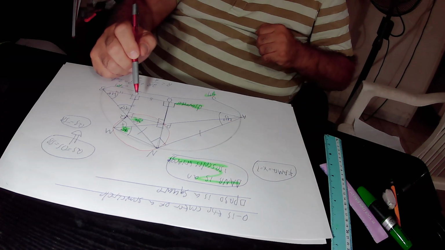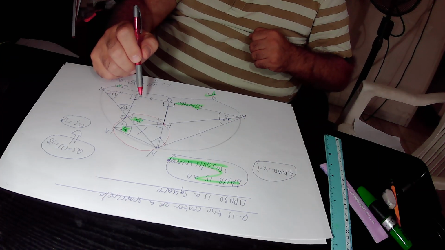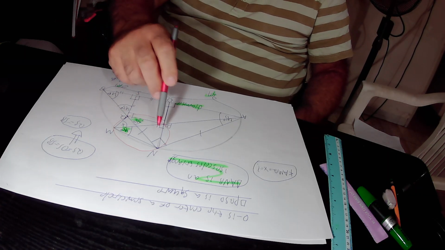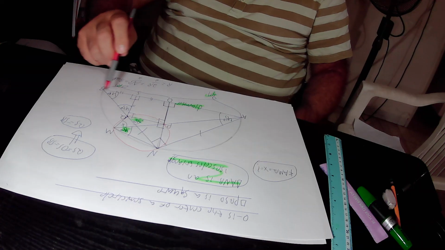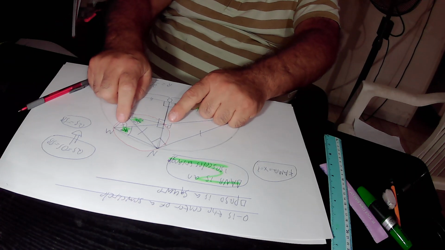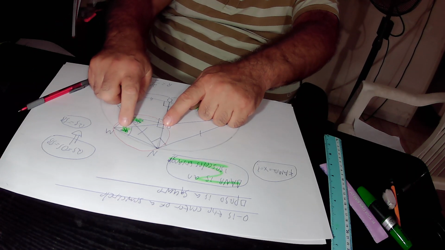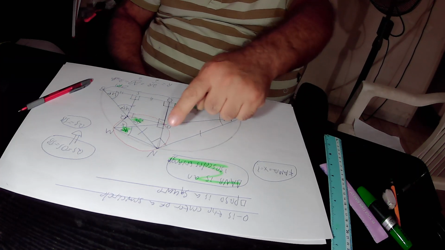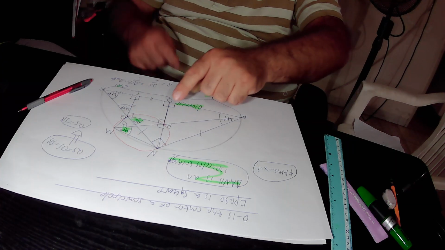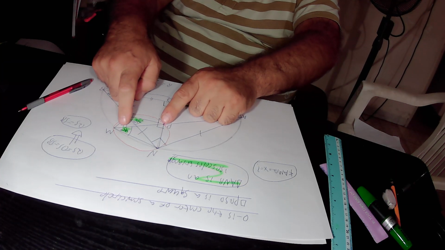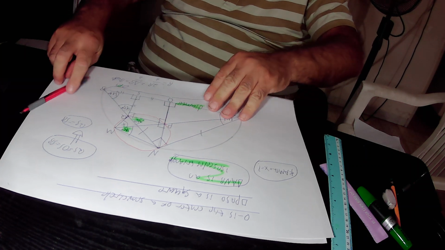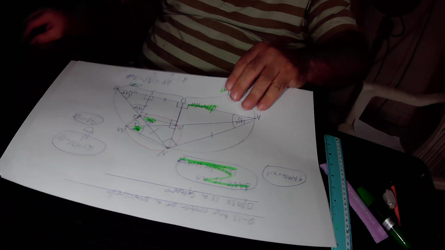So according to the rule that I presented to you, in this quadrilateral NMQP, which is a cyclic quadrilateral, the sum of those two opposite angles must be equal to 180 degrees. This is angle NPQ, this is angle NMQ. So the sum of those two opposite angles must be equal to 180 degrees according to the rule. So write it down.